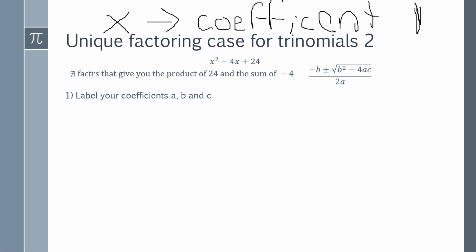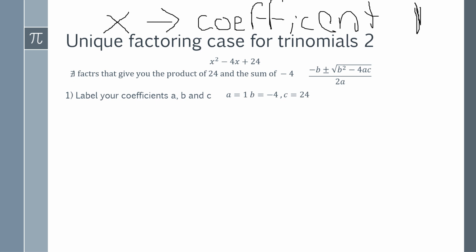X always has a coefficient of 1. So once you understand that, you can label a is 1, b is -4, c is 24.